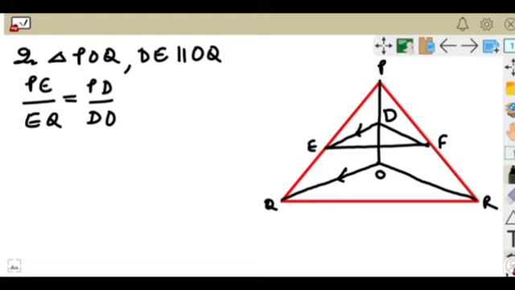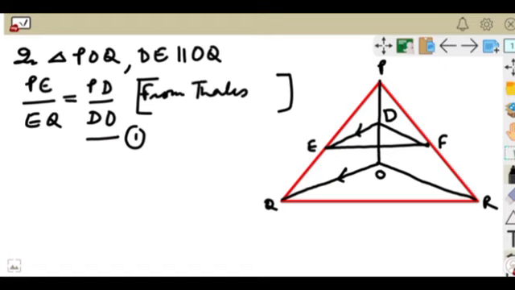And here I'll give equation 1. For what reason can I write this? This is all because of your Thales theorem.